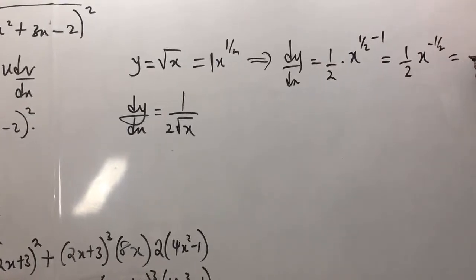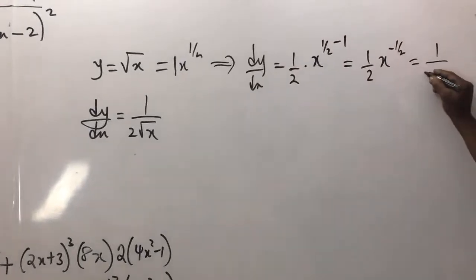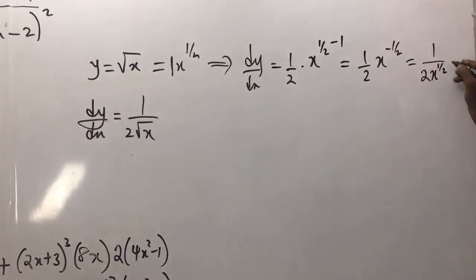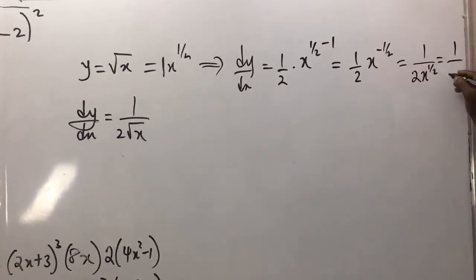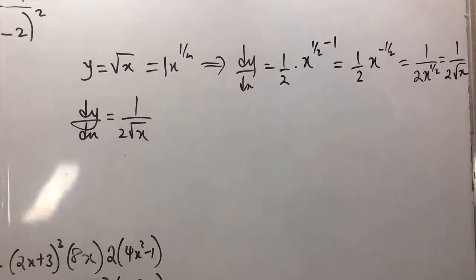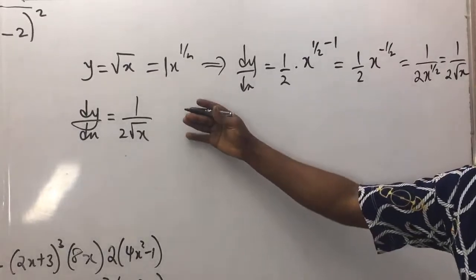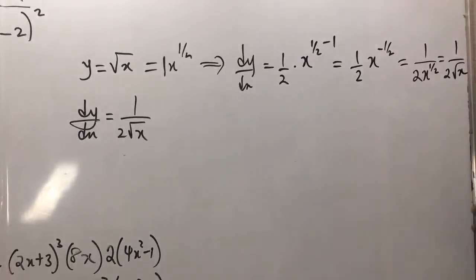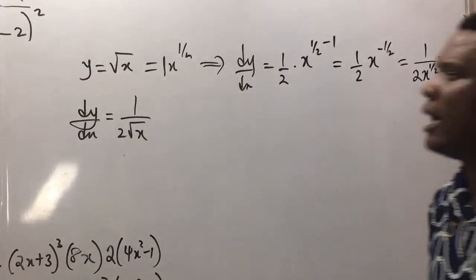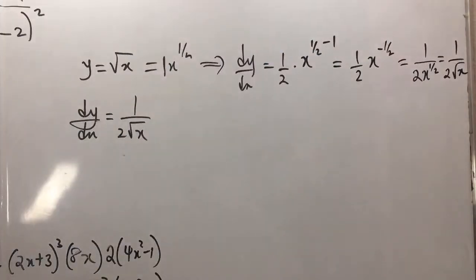That is the same thing as writing 1 over 2x raised to power half by indices, which gives you 1 over 2 square root of x. So you don't need to go through all this process in solving a question like that, and that's what I'm going to be doing here.